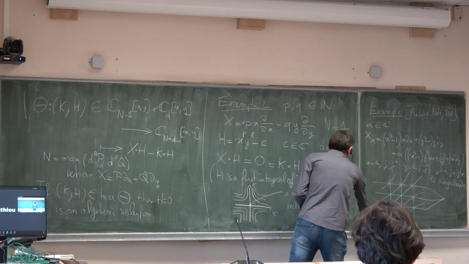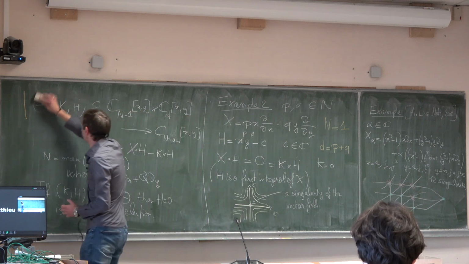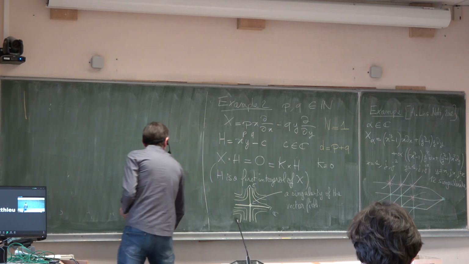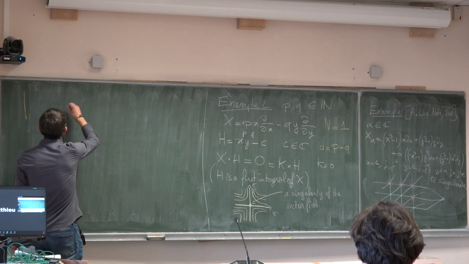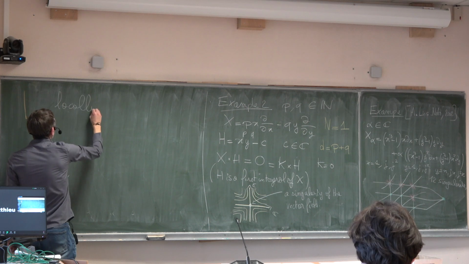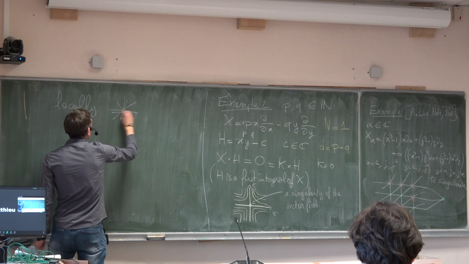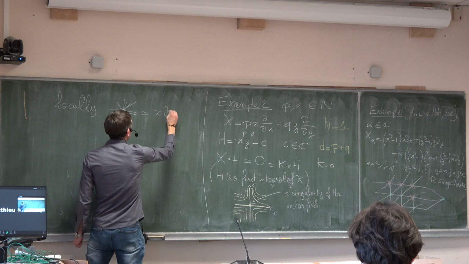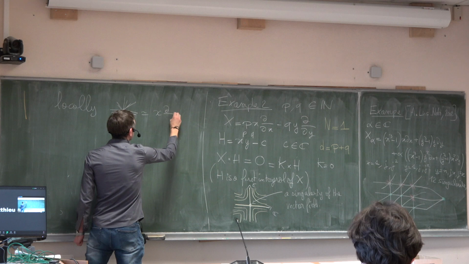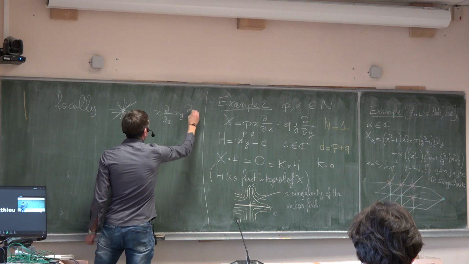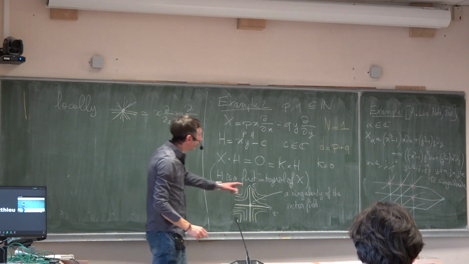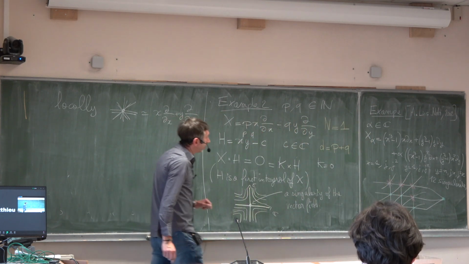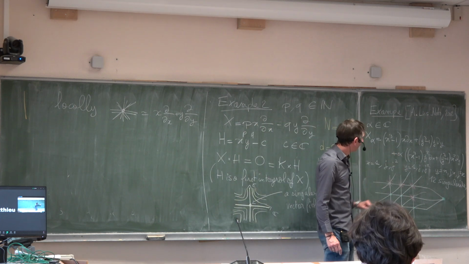So to be more precise, if you look locally at what is the picture on each of these singularities, you will see a picture like that, which is associated to a vector field that is written this way. d over dx plus y d over dy. And this is true for the 12 singularities. And it doesn't depend on alpha. Of course, this description is true for any value of alpha.